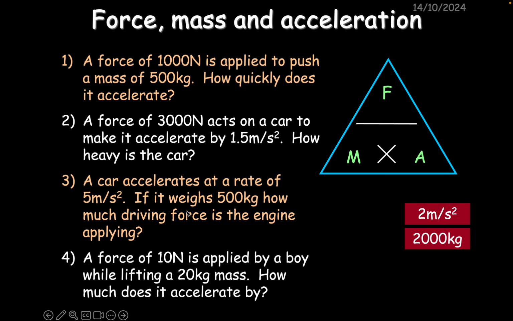So really they should say, what is the resultant forward force. Yeah, so it's not just necessarily the engine force, because if it's moving there will also be some drag force. But if you take it as if the air resistance can be ignored, then you multiply the mass by the acceleration, 500 times 5, and you'll get the answer showing on the screen now.